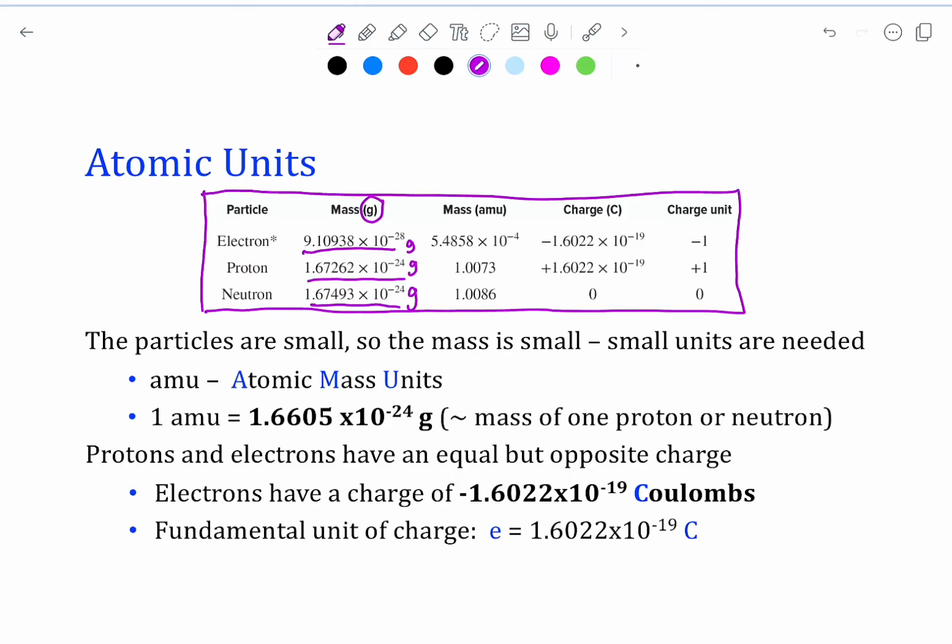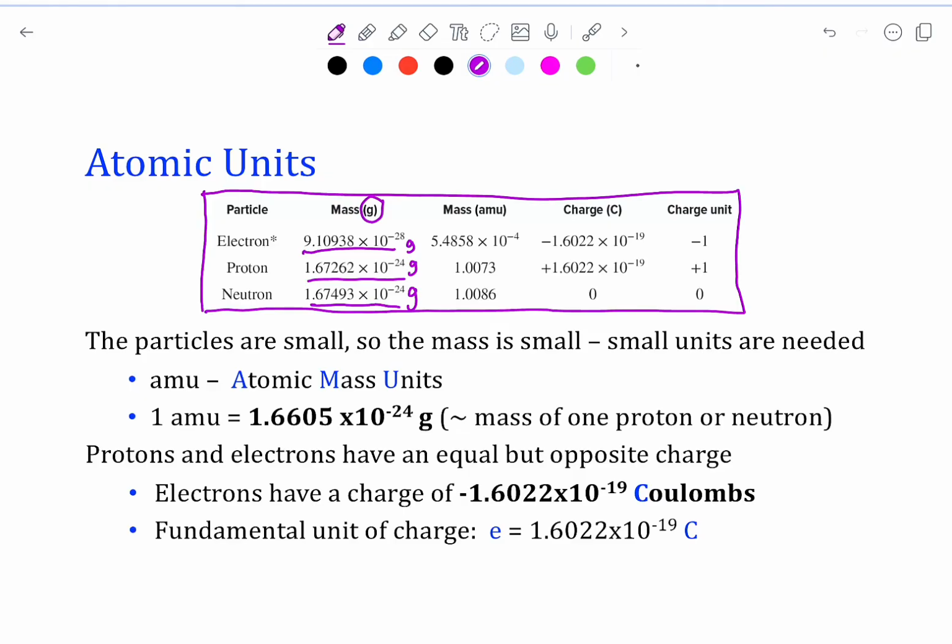But with traditional balances and everything like that, looking at a mass with a factor of 10 to the negative 28 can be kind of difficult. So what scientists came up with is a mass unit that is accustomed to small masses.